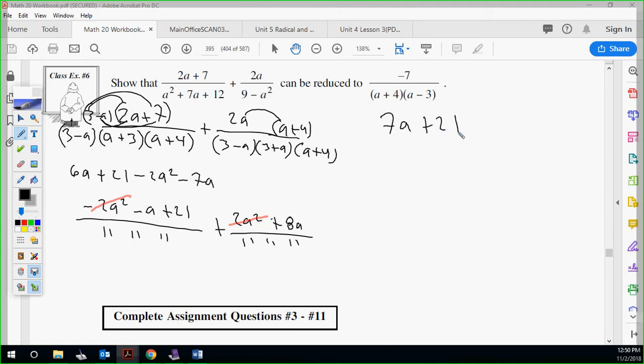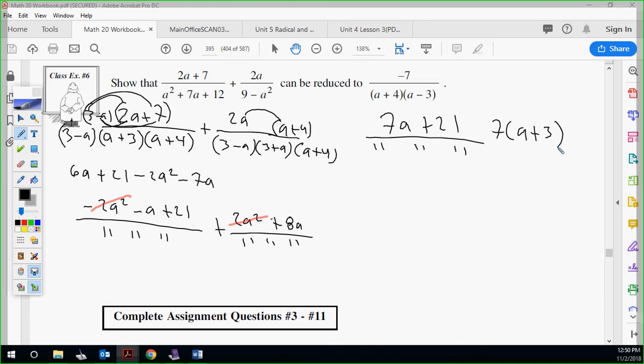Okay, I'm going to write this again. Can I do anything to 7 and 21? Okay, so it's going to be a plus 3, yep. So take a 7 out, I get a plus 3.